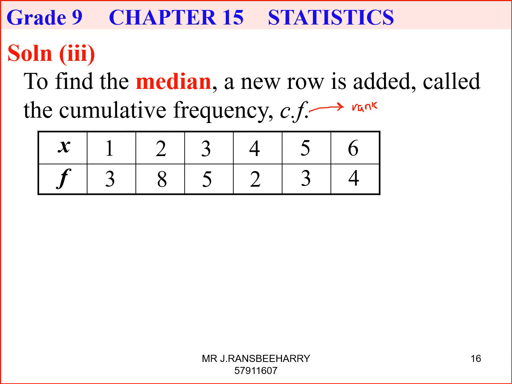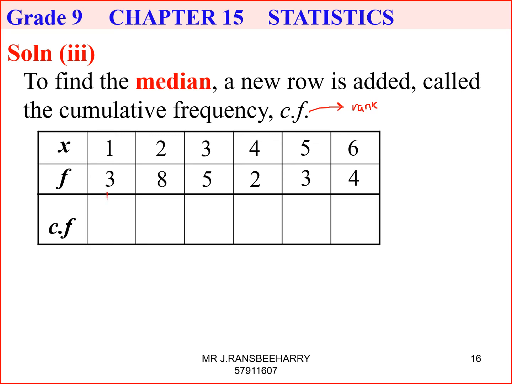So a new heading is added, CF, or cumulative frequency. For 1 we have 3, meaning 1, 1, 1. So 1 stops at the third term, which means the fourth term is the number 2.